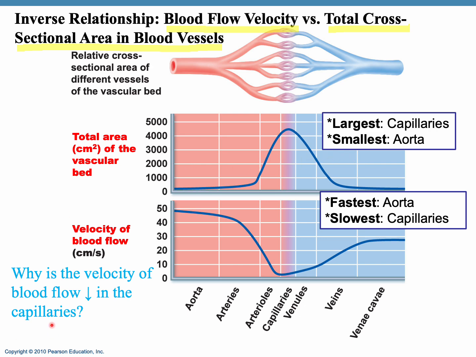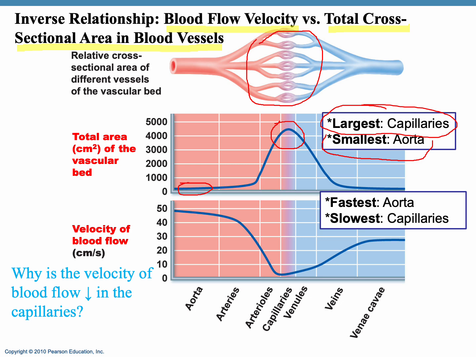When we look at the overall total area of the vascular bed, the largest area typically is going to be the capillaries, represented here. The smallest overall cross-sectional area of the vascular bed is the aorta. So pretty low here. And we can see that even with this image. This is supposed to represent capillaries right here.